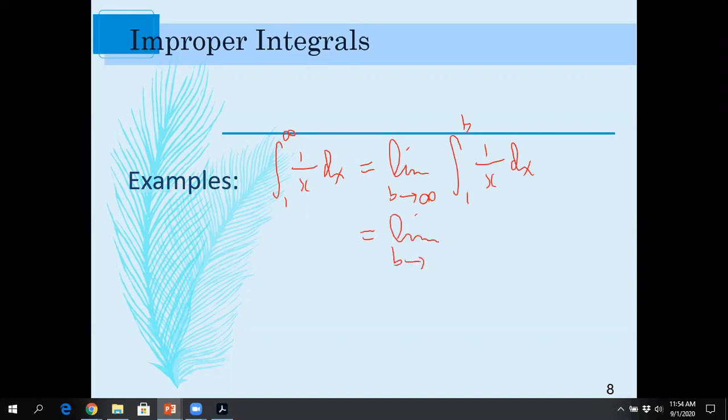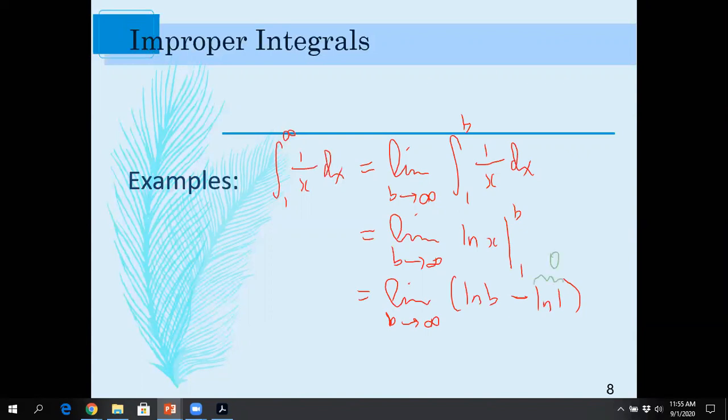This is going to be natural log of x evaluated between 1 and b. So it's going to be the limit as b goes to infinity of logarithm of b minus logarithm of 1. What's logarithm of 1? 0, right? So this guy right here is 0.